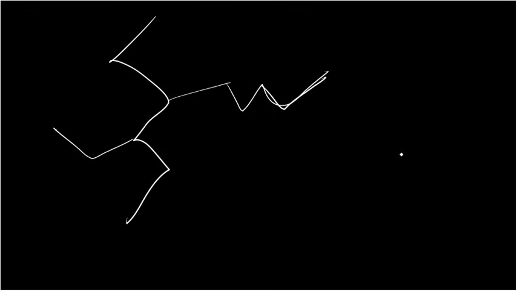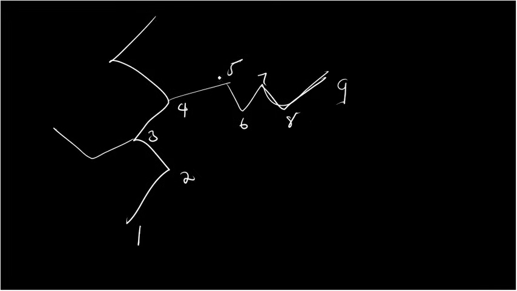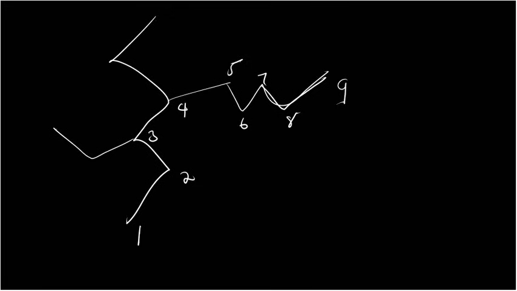In this situation, we need to look out for the longest chain, right? So how we look out for the longest chain, we do like this. So this is 1, this is 2, 3, 4, 5, 6, 7, then 8, then 9. So that is the longest chain in here, right?